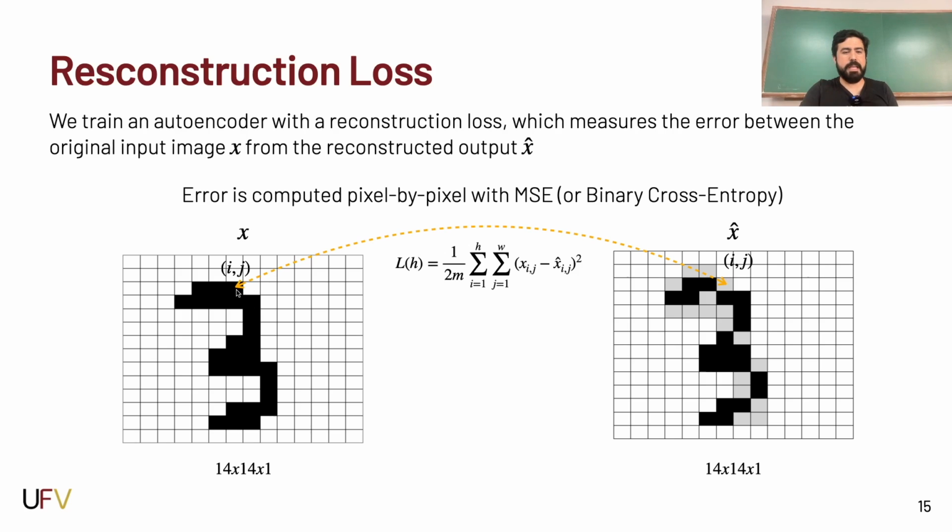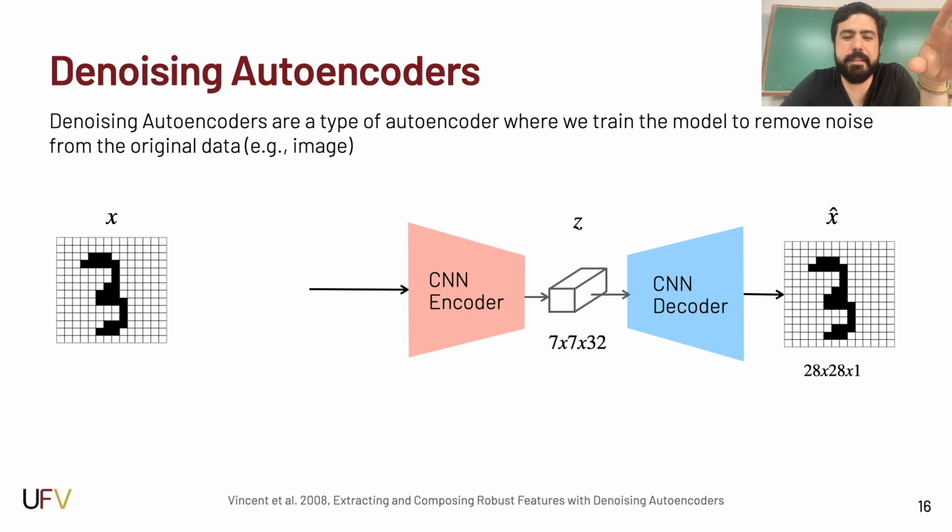For example, this pixel ij here against this pixel ij here, and I'm going to move all of them and compare one by one. And because we can see colors as values between 0 and 1, people also use binary cross entropy. Because these values can be seen in a range from 0 to 1, it would work as well to use BCE loss. But MSE is more common. But both would work in this case. Okay, this is all straightforward. There's nothing really fancy here.